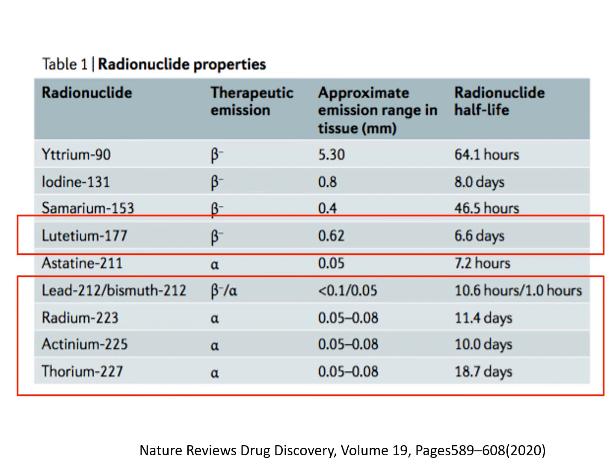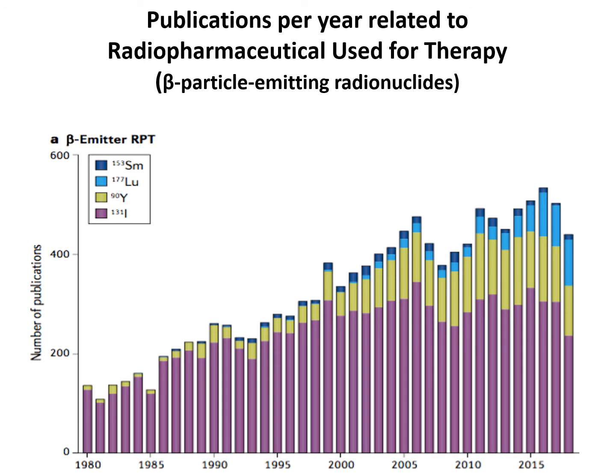We've got lead-212 or bismuth-212, radium-223, actinium-225, as well as thorium-227. Now you can have a look at the publications per year related to the radiopharmaceuticals used for therapy.